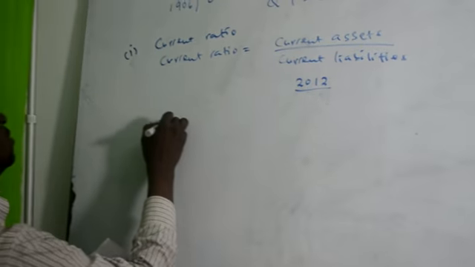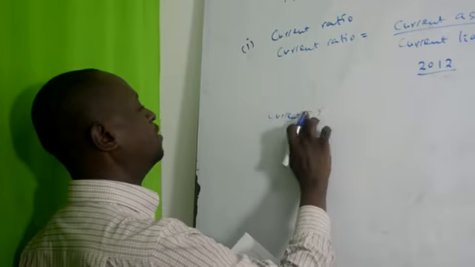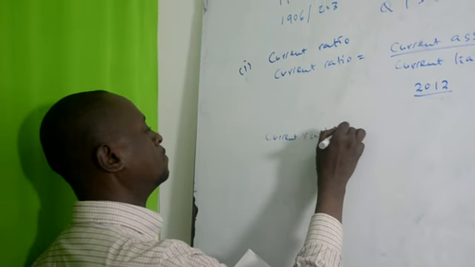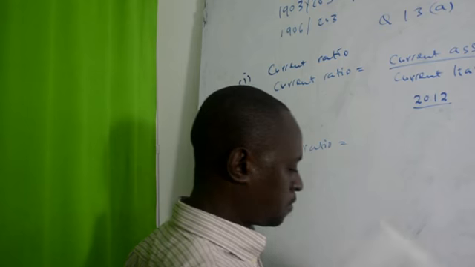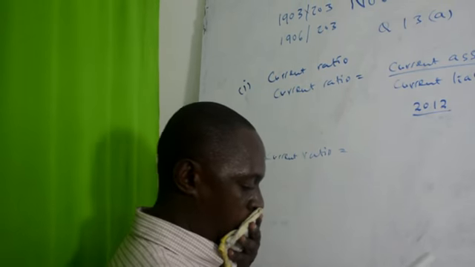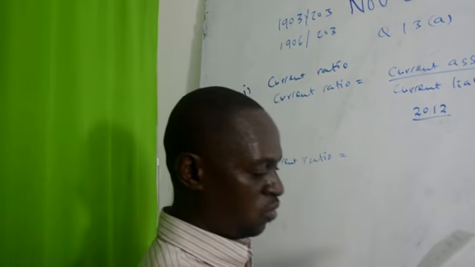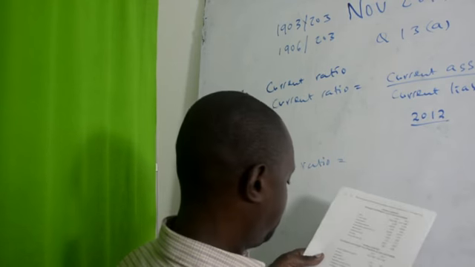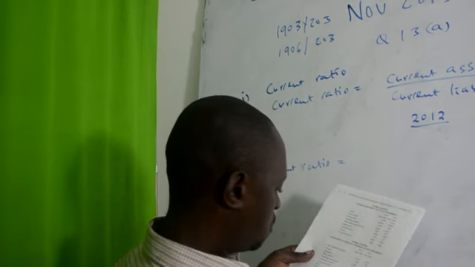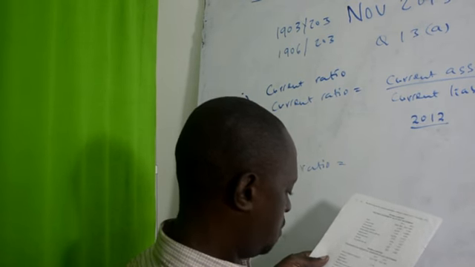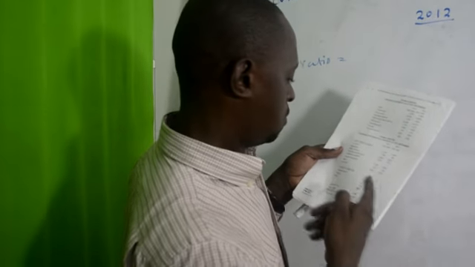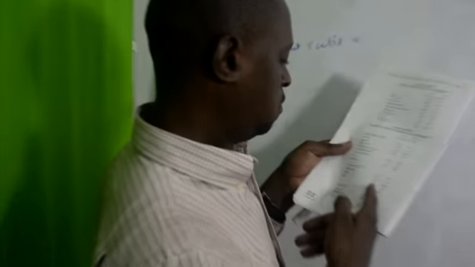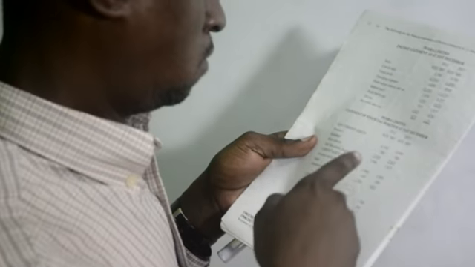So we have current ratio for 2012. Now in this case, we are going to go to the balance sheet or the statement of financial position. So for 2012, the total figure has not been given, so let's calculate it.